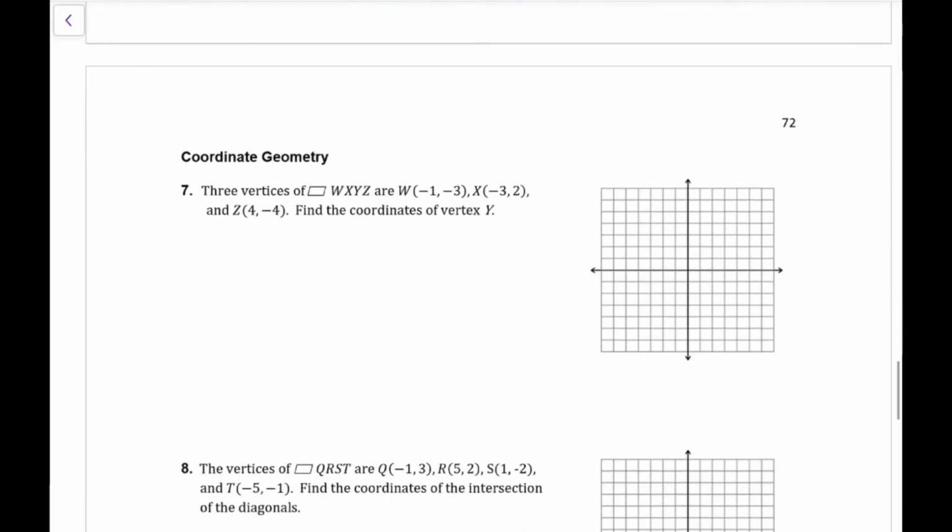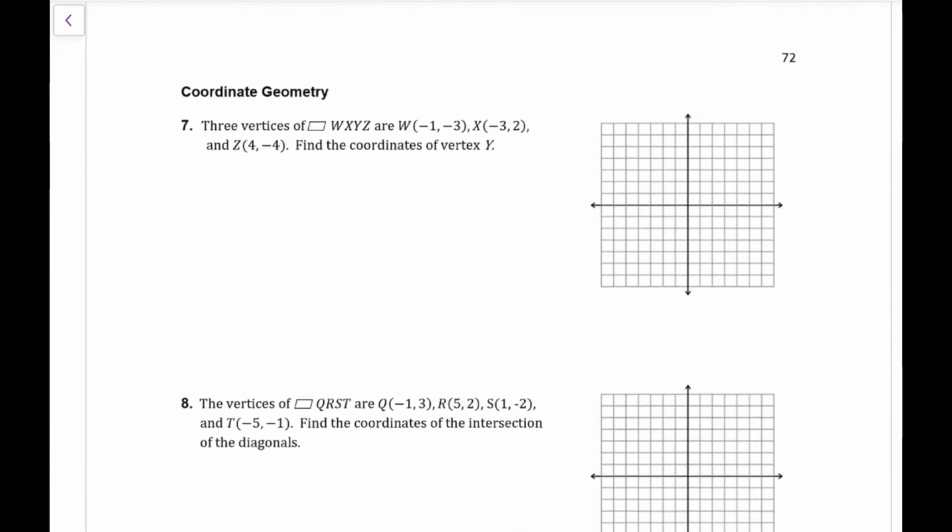Now, we have three vertices of parallelogram WXYZ. They are W at -1, -3, X at -3, 2, and Z at 4, -4. We need to find the third vertex.